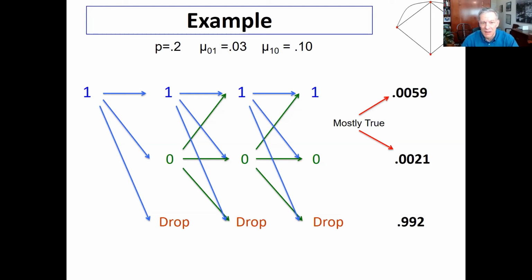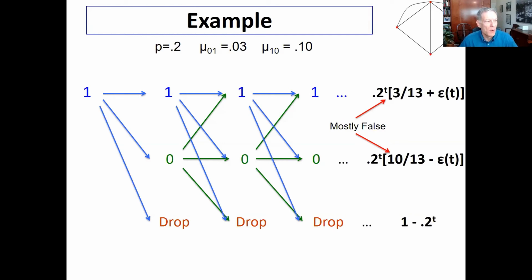There's a 10 to 3 difference in these mutation rates. So more often it's going to be going from 1s to 0s than from 0s to 1s, and eventually that's going to flip. After distance 3, you've still got most of these messages being true, but in this particular case, most of them are false eventually in the limit.